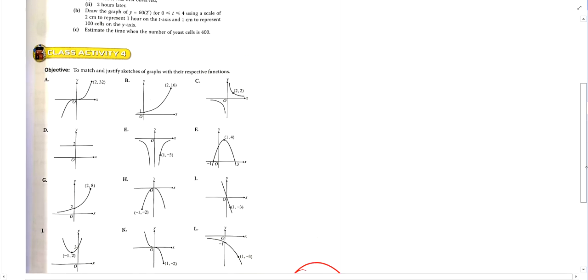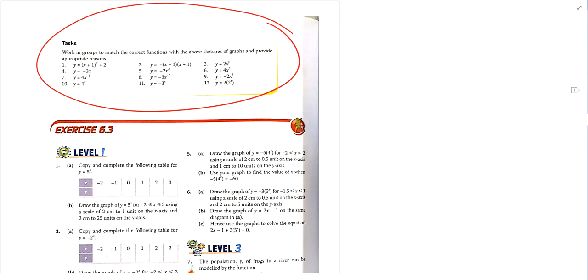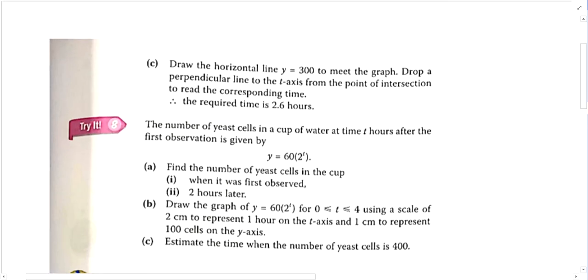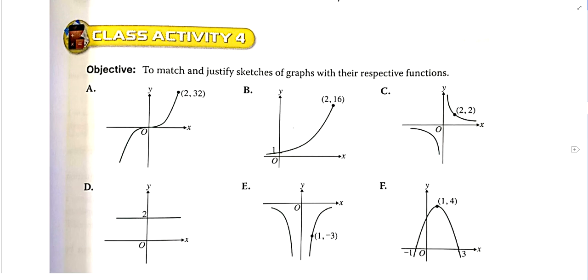And there was also class activity number 4. To match and justify. Okay, I don't need you to match. Just tell me the equations. And let's go down the line. Let's start from the end over there. A, what's your answer?